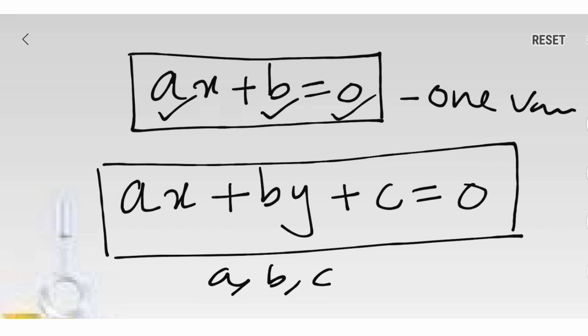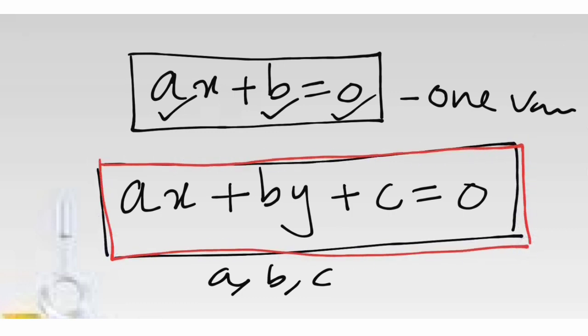Understood? Here a is the coefficient of x and b is the coefficient of y and c is the constant term.